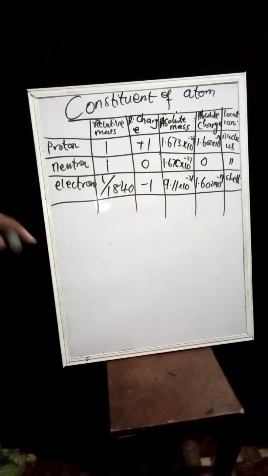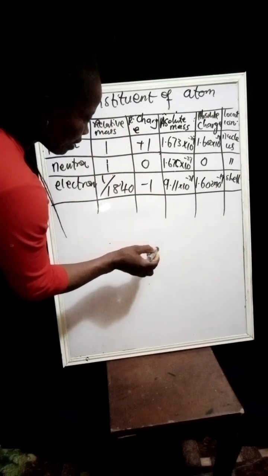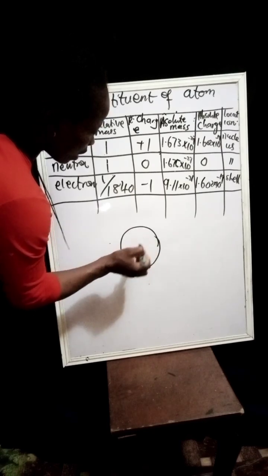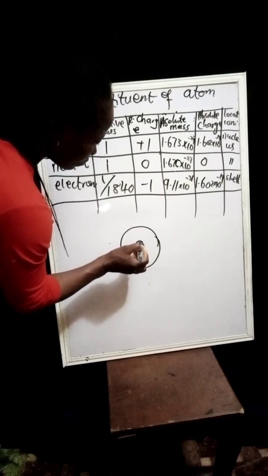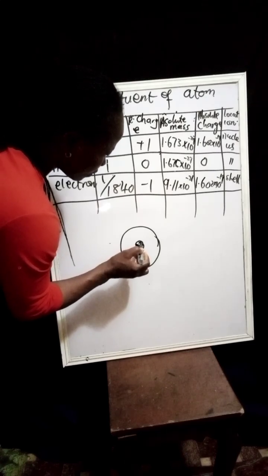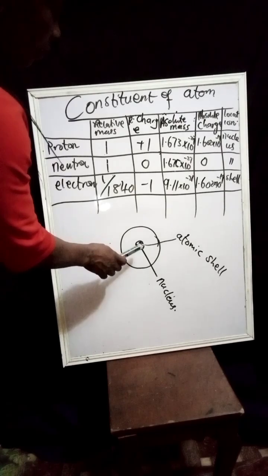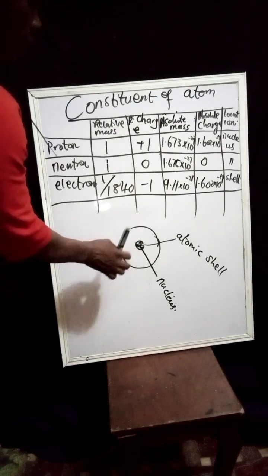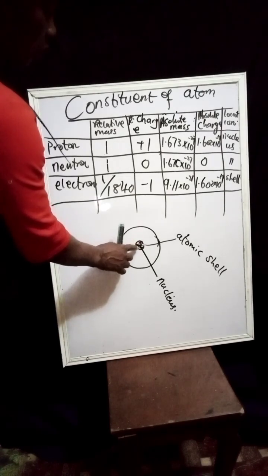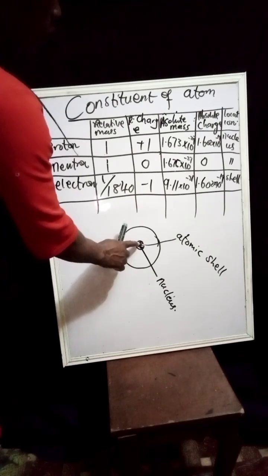Then this means that if we decide to structure an atom, we can represent an atom as this. So this is the nucleus, the area that we have positive charges due to the presence of the protons.